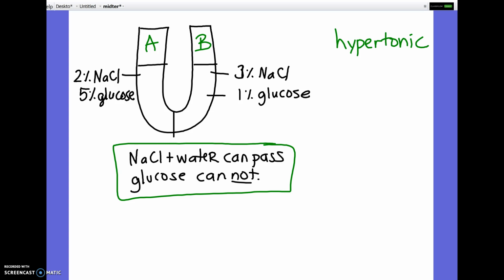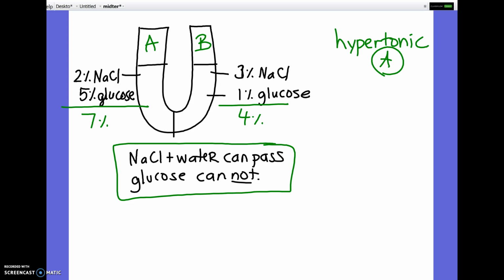Right, exactly. All you got to do is add up your percents, or if it's molarities, add up your molarities. Whichever one has the higher number is your hypertonic side. So in this diagram, side A is the hypertonic side at the beginning of the experiment. If they were equal, it would be isotonic. It won't be, though, I'm telling you, on the test. One of the sides is going to be hypertonic to the other.